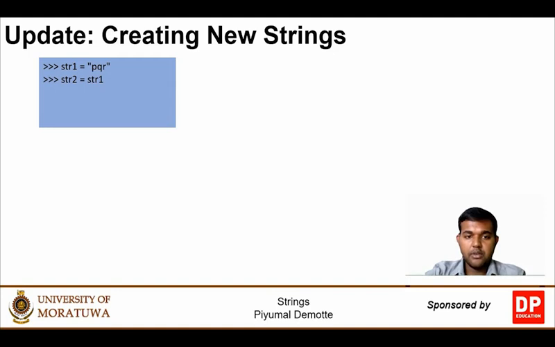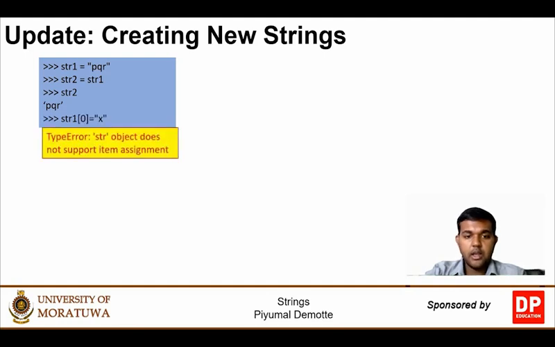You can retrieve the value of the variable str2, which validates the value assigned to the variable str1 is correctly assigned to the variable str2. Furthermore, if we try to change the value of a string object using the square bracket operator, it will throw a type error, as strings are immutable objects and a new object will not be created.